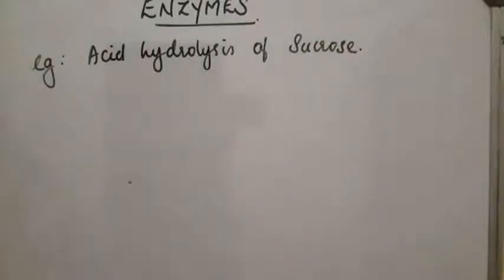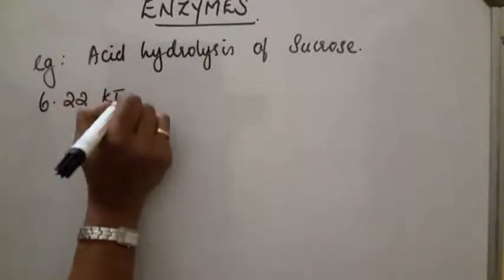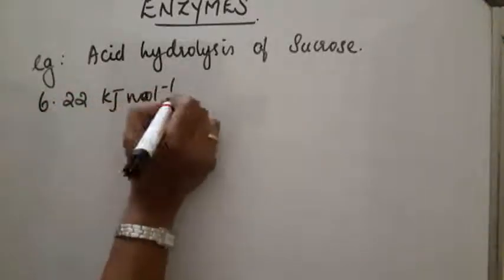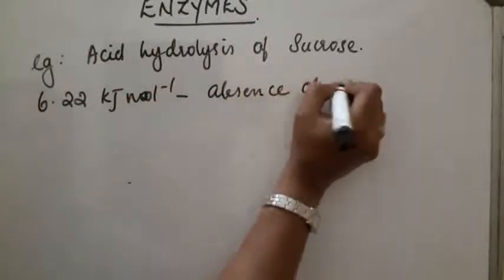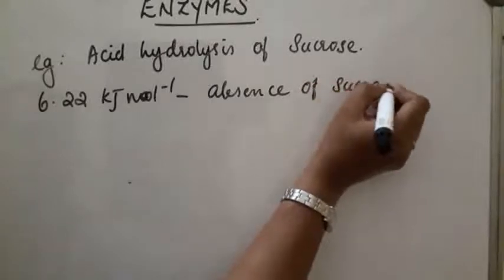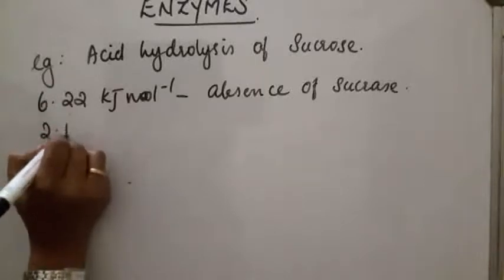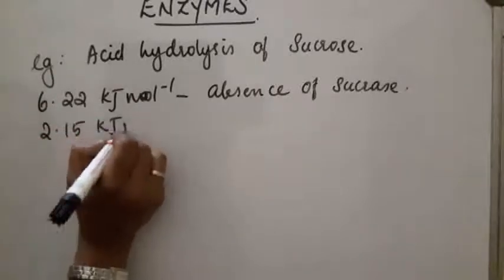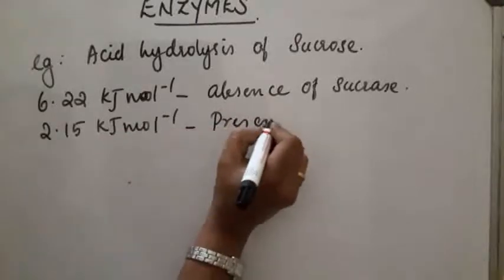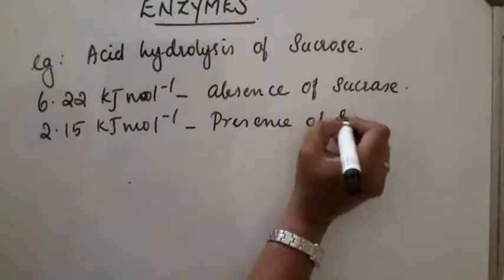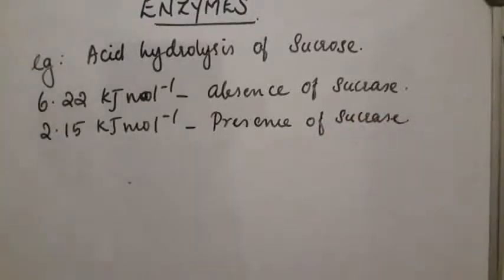So the activation energy required is 6.22 kilojoule per mole in the absence of sucrase. But in the presence of sucrase, only 2.15 kilojoule per mole. This much energy is only needed in the presence of sucrase. This much about the enzymes.